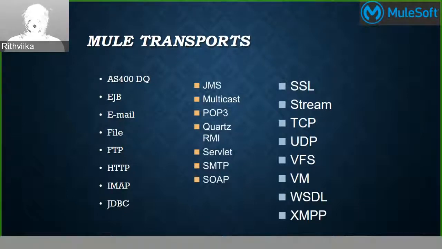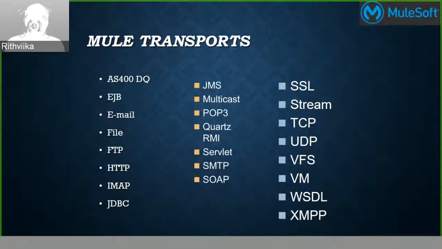So in that way, there are a lot of transports in Mule. We have EJB, email if I want to connect to an email system, file, FTP, JDBC, JMS. All these are transports where I can get the data based on the requirement, connecting to that particular system and using a particular transport to get the data between two systems.